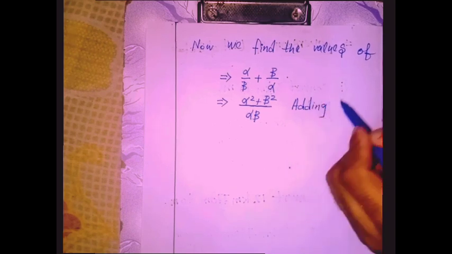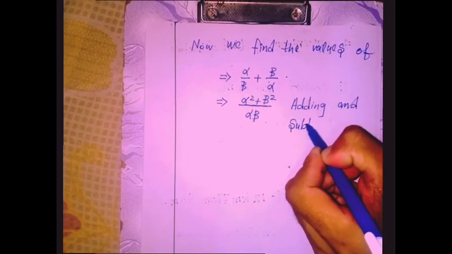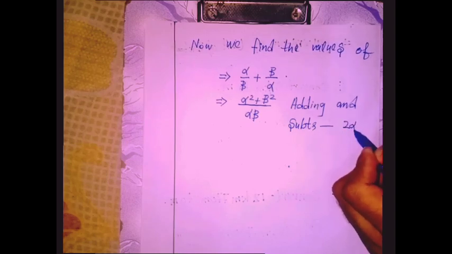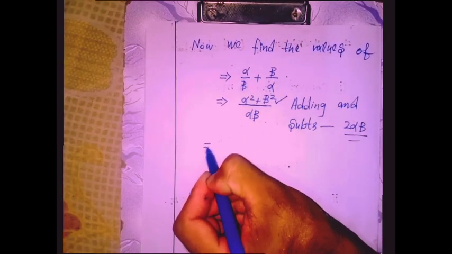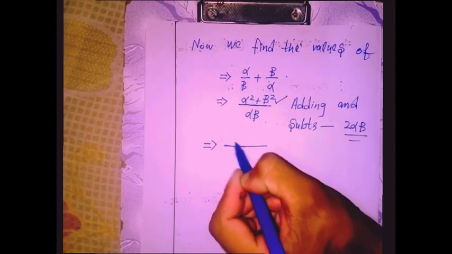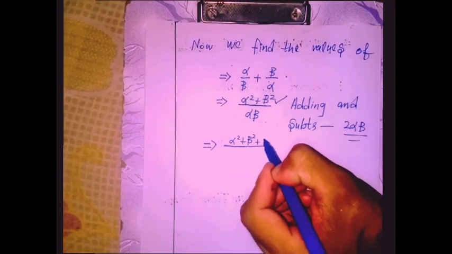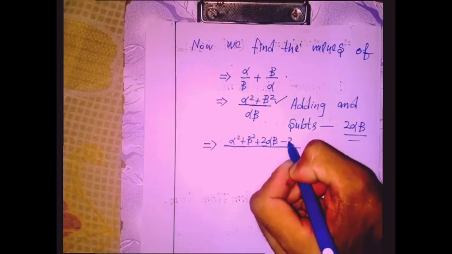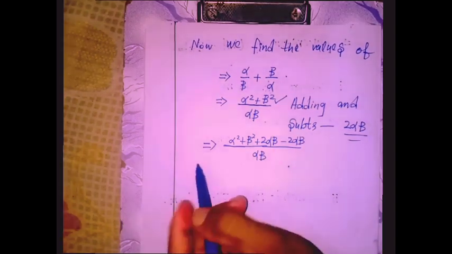Now we add and subtract 2 alpha beta in the numerator, so we get alpha square plus beta square plus 2 alpha beta minus 2 alpha beta, divided by alpha beta.